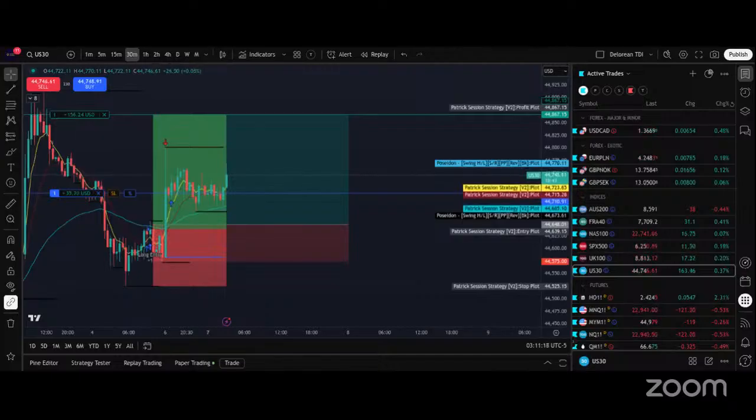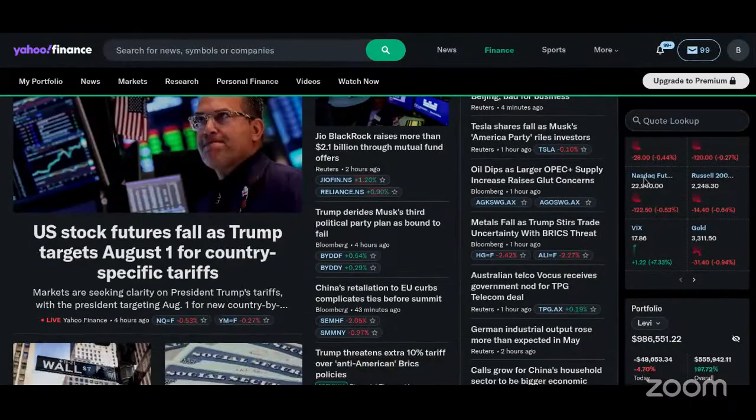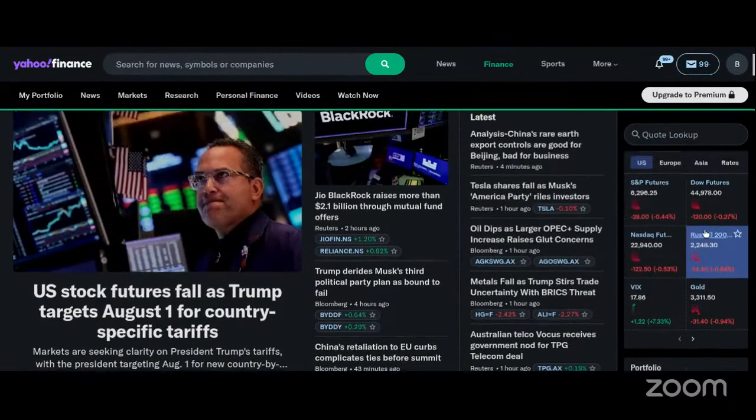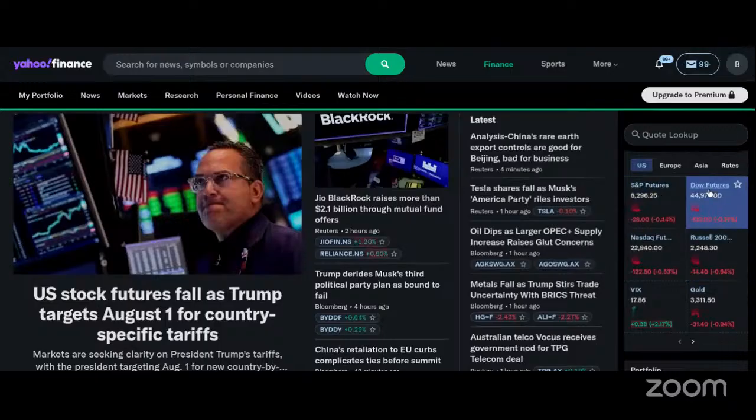Yes. So we're going to take a look at futures on the markets. And irritatingly enough, looks like futures on the US 30, the S&P 500, and the NASDAQ are all negative.